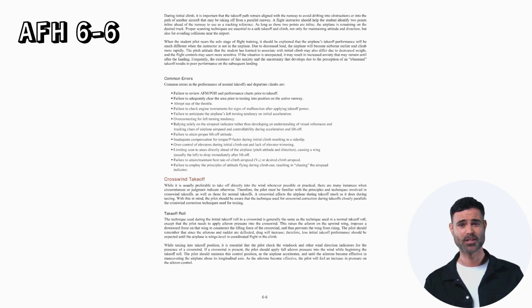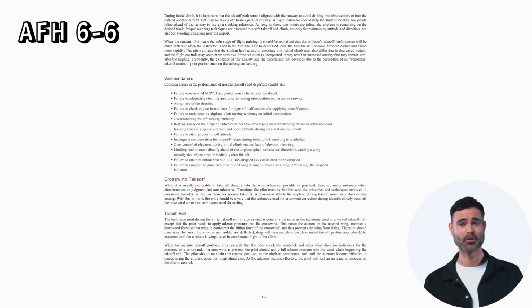Failure to check engine instruments for signs of malfunction after applying takeoff power. Failure to anticipate the airplane's left-turning tendency on initial acceleration. Overcorrecting for left-turning tendency. Relying solely on the airspeed indicator rather than developing an understanding of visual references and tracking clues of airplane airspeed and controllability during acceleration and liftoff.